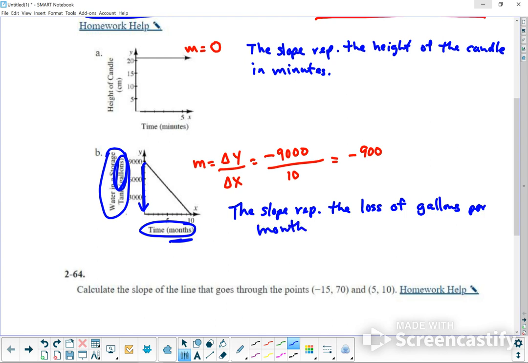Or you can say each month. Okay, so in this case, for this whole entirety of it, this would be negative 900, where we lost 900 gallons per month.